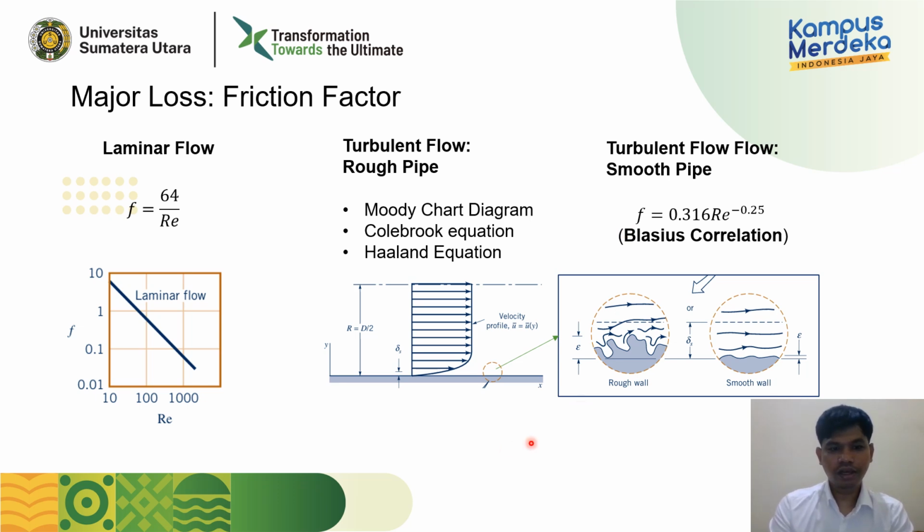But normally, in almost all cases in industry, we use these three: the Moody chart diagram, the Colebrook equation, and the Haaland equation. We're going to talk about them later, but I think you need to be familiar with these three different things.